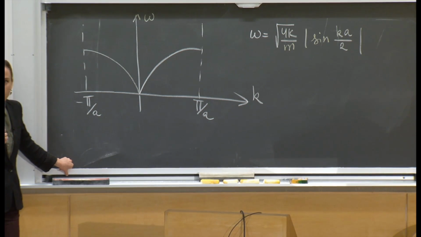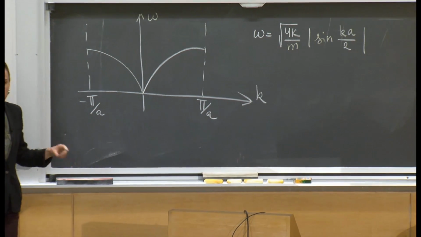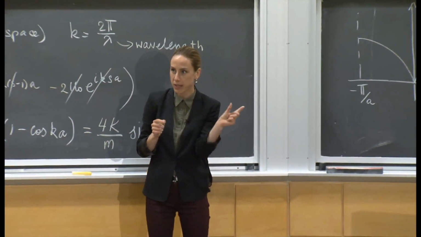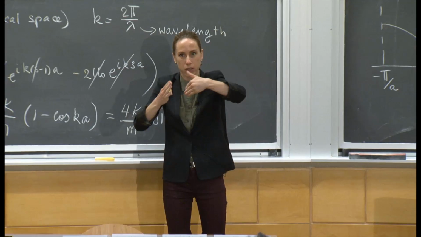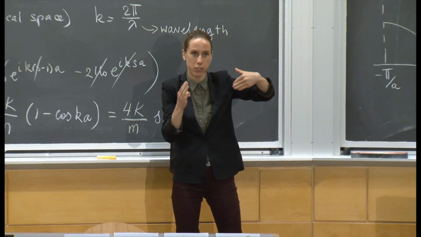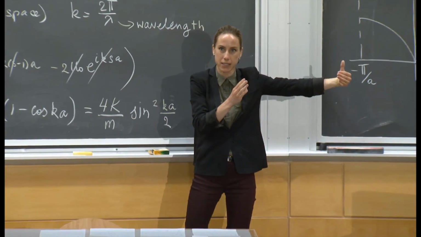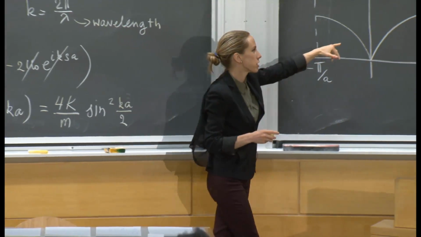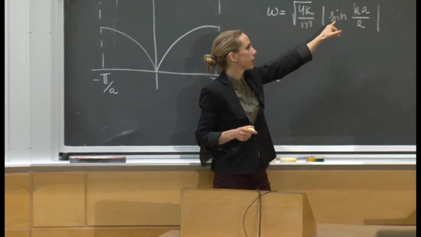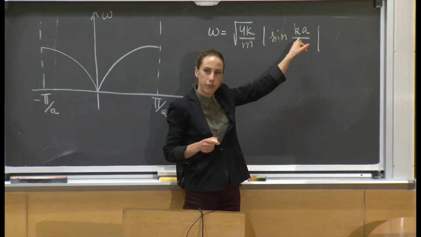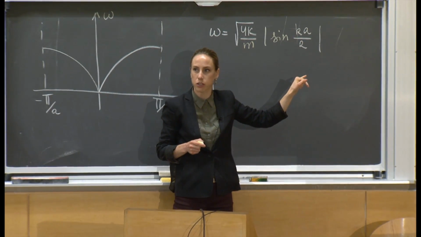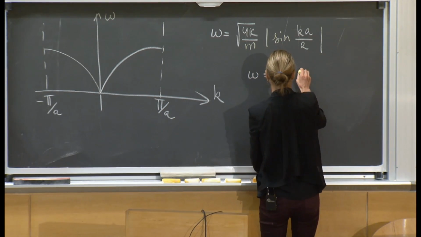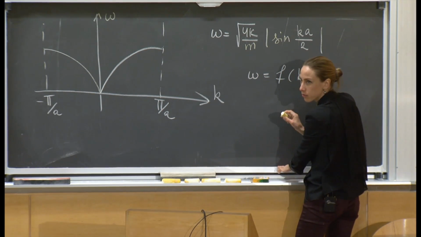So our frequency of oscillation of our atoms in time depends on how those collective oscillations are going to change in space, how they're going to propagate in space. That relationship between omega and k is referred to as the dispersion relation. That fact that your omega is a function of k.